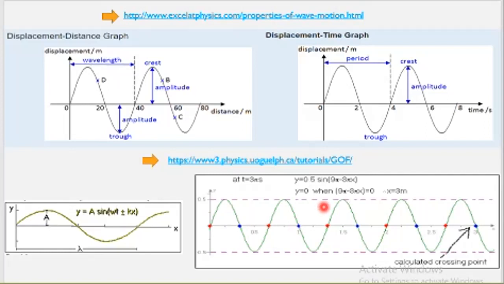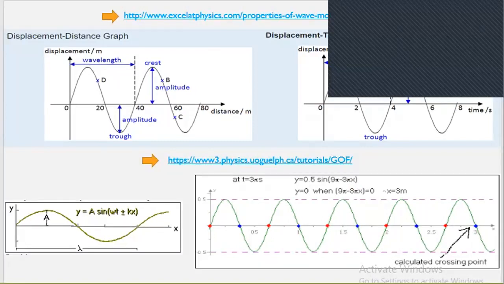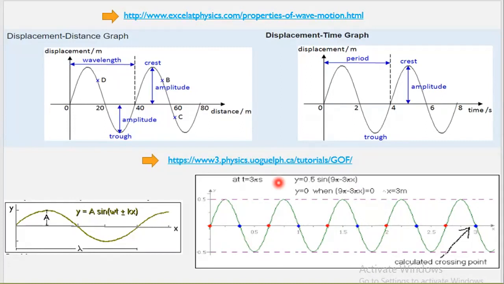So here you can observe that the value of k is 3 pi for this sketch of the wave. I'm not going to cover the physics of mechanical waves here. You can better learn it from the recommended text.